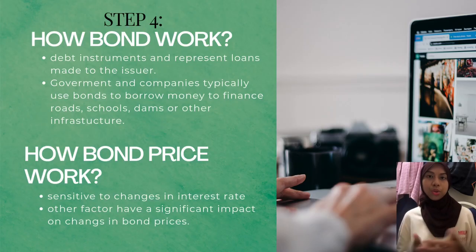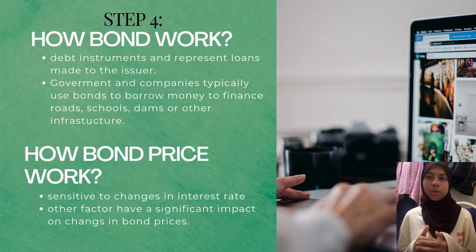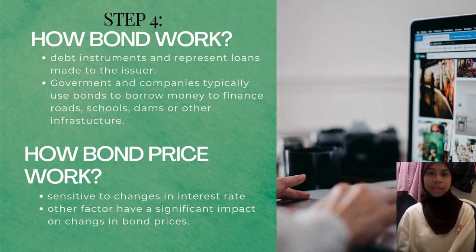So next, we want to know how bonds work. Bonds are a debt instrument and represent loans made to the issuer. Bonds allow individual investors to take on the roles of lenders. Governments and companies typically use bonds to borrow money to finance roads, schools, dams, or other infrastructure. So next, we want to know how bond prices work.